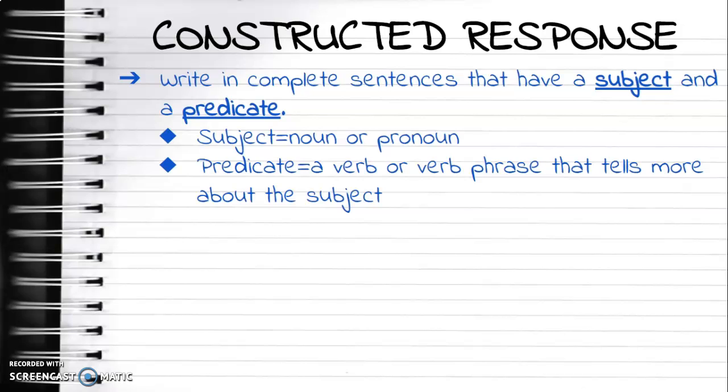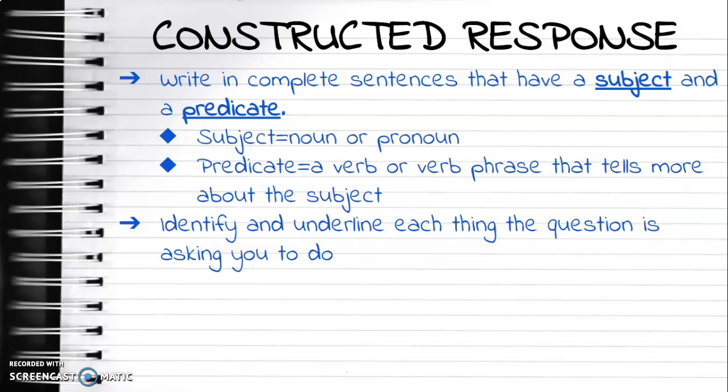And remember that your predicate tells more about the subject. Please also make sure that you are identifying and underlining each thing the question is asking you to do, because some questions have multiple parts.